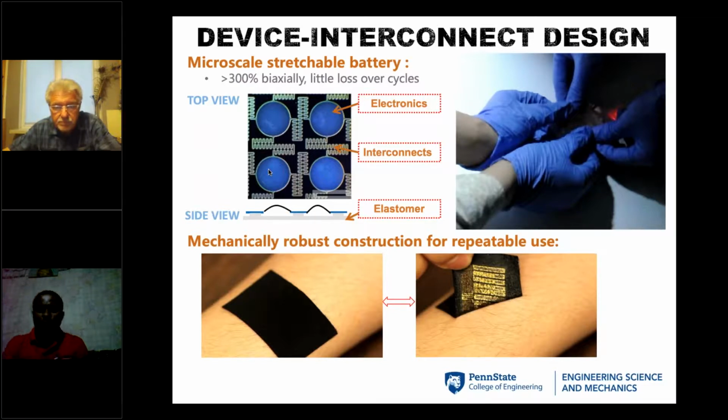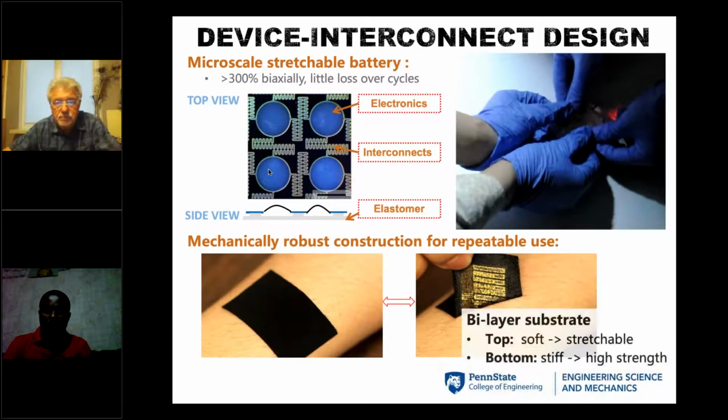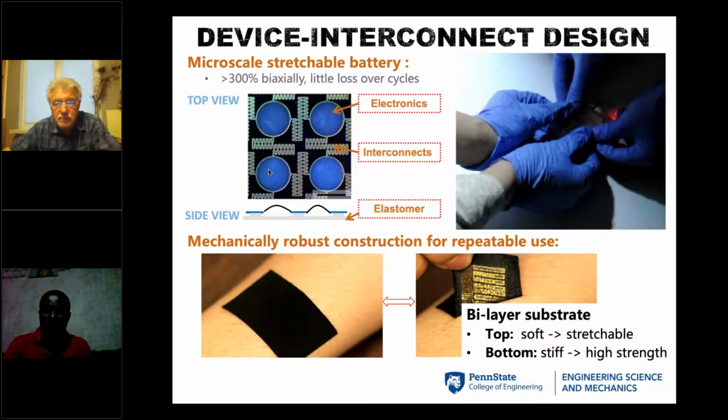And behind this, we have designed a new technique to separate the function into two different layers. The top layer will be able to stretch, and the bottom layer will be a magic layer, so that we can design that to be high strength to prevent possible damage to the system.